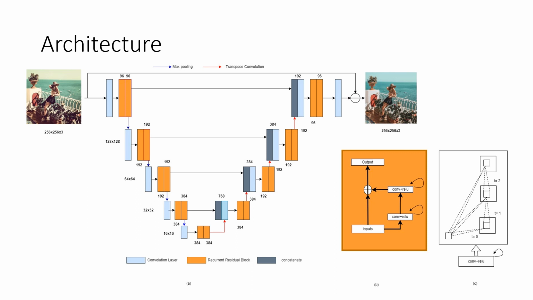Because of this characteristic, the network learns contextual information more efficiently and effectively. Moreover, the learning process of the network is benefited by the arbitrary number of paths of the unfolded recurrent convolutional layer through time with a fixed number of parameters.